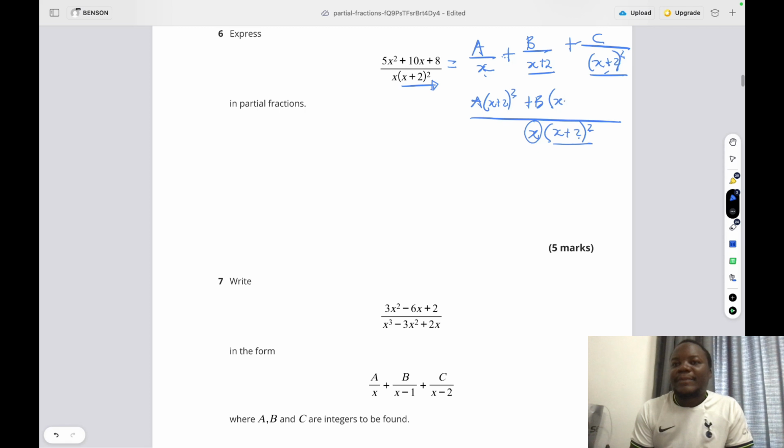x, plus 2 squared. Then for b, this thing going in there means you are going to multiply it by x plus 2. And then when c goes into this, the whole thing will go out and you are going to remain with x, so you are going to have c multiplying x.